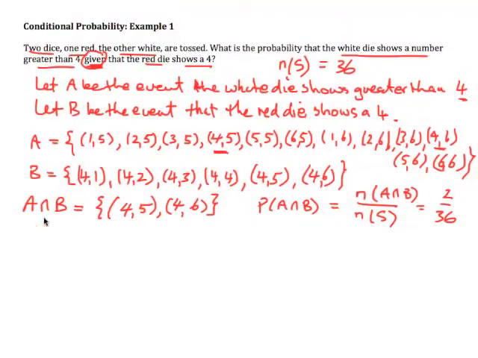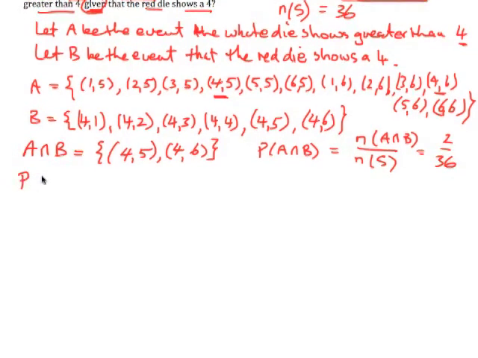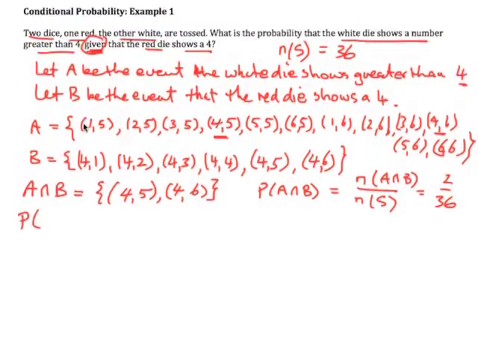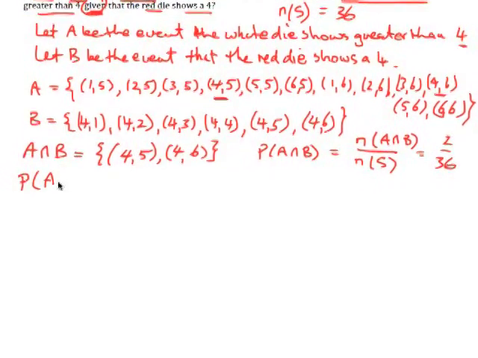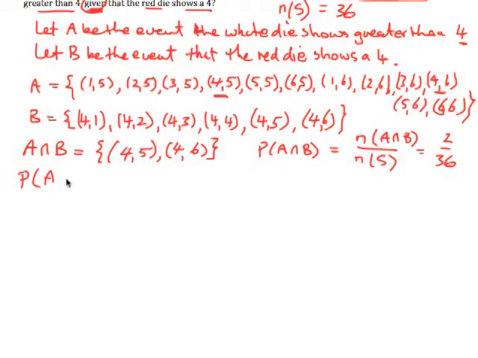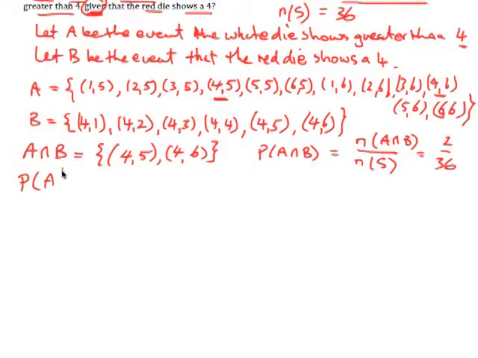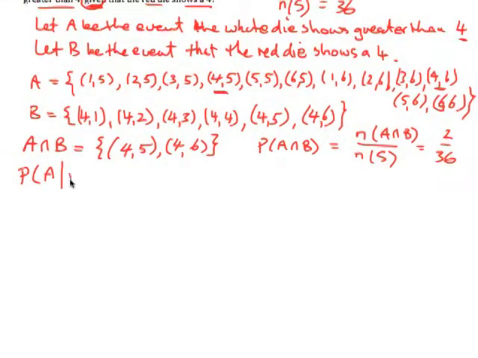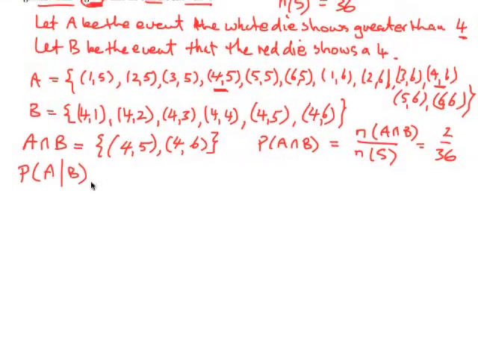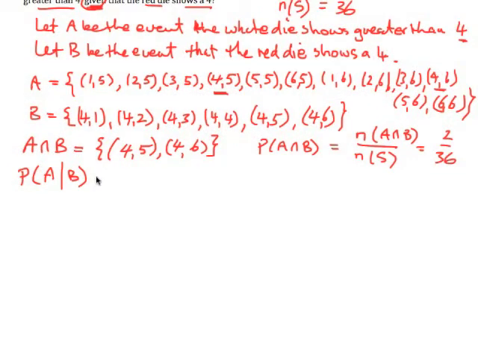Alright, now notice that we're looking for the probability of A, which is the event the white die shows greater than 4, given that event B occurs, which is that the red die shows a 4.